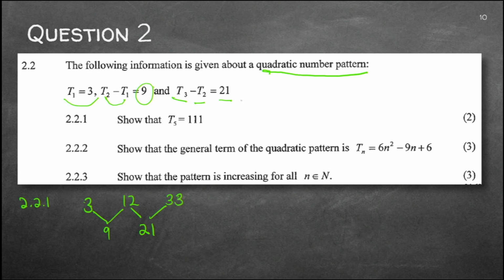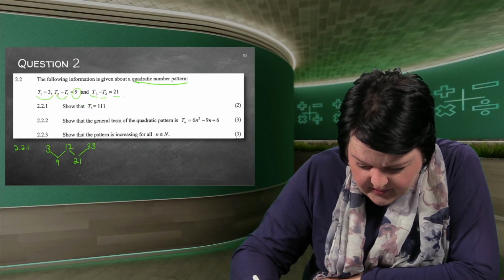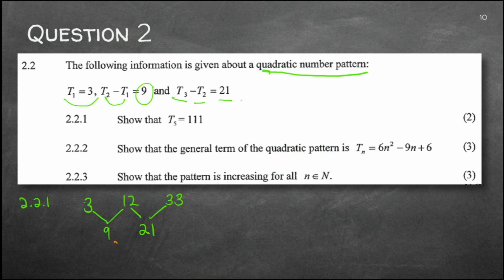33. Right. Now, very important, they are specifically saying it is quadratic. So I know there will be a constant second difference. So if it were to continue on, it would be a constant difference of 12, meaning 21 plus the 12 is 33, meaning 33 plus 33 would give you 66.